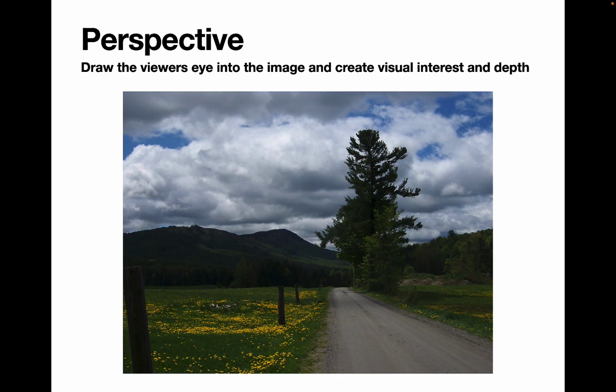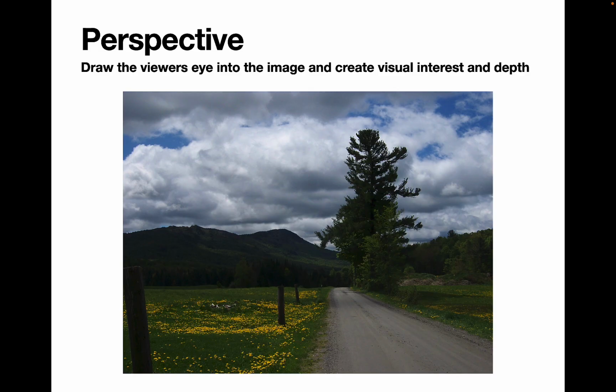So perspective is one really great way, and it doesn't have to be perspective in a landscape. We'll see some still life paintings and drawings that have perspective in it. So what it does is really create depth, and it draws the viewer, like anyone looking at your art, into the image. So it brings them in.